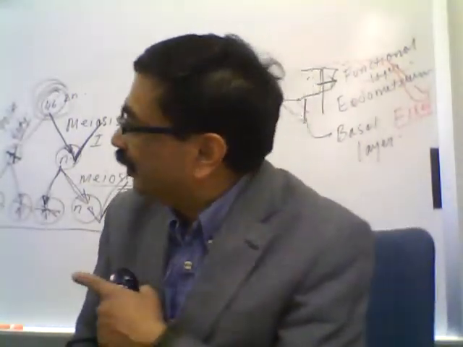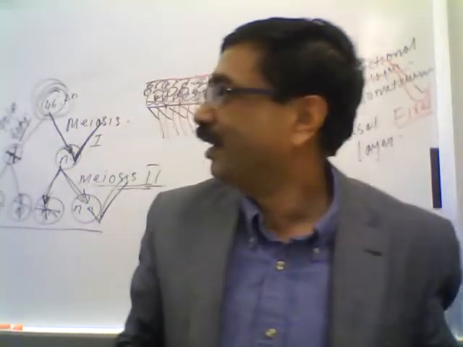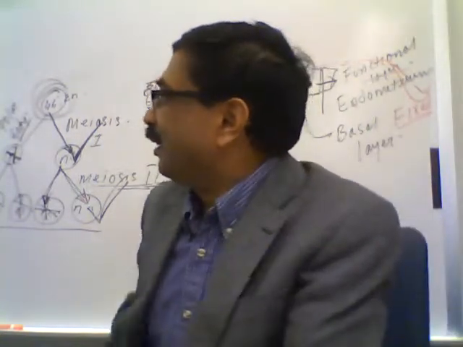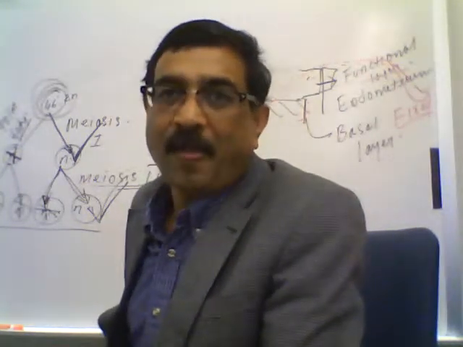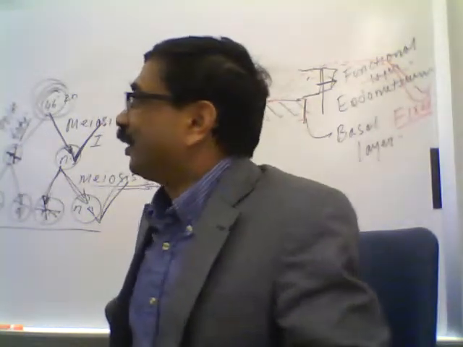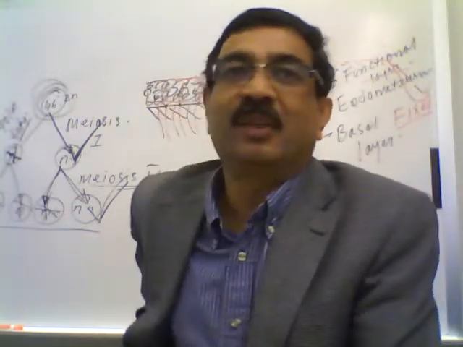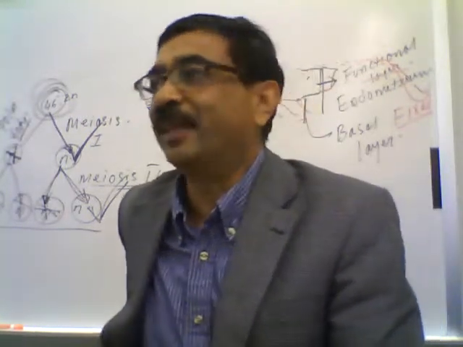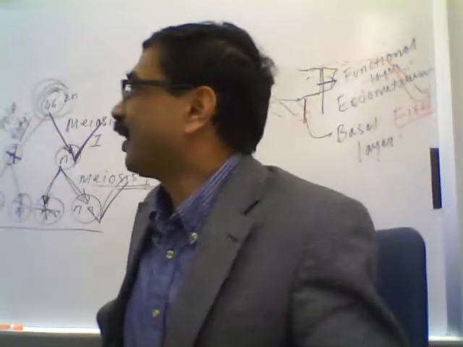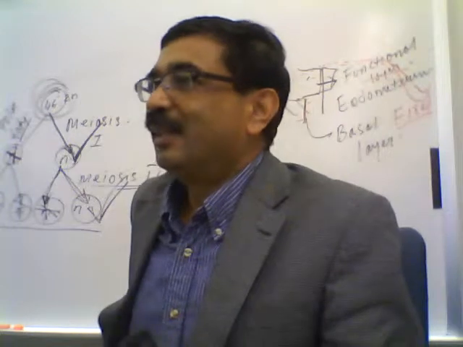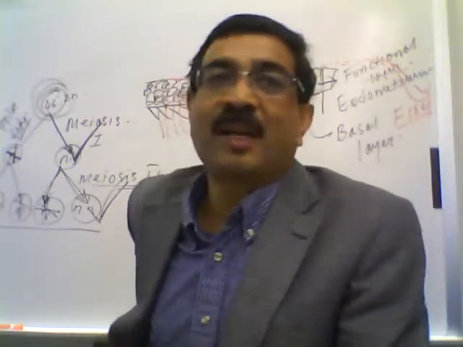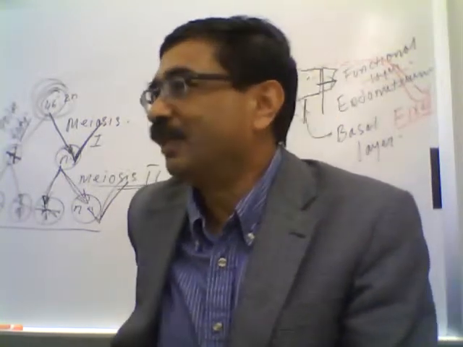So that's you see in the bottom right, the corpus luteum is releasing those three hormones. And you see the dotted line is showing that those three hormones inhibit the hypothalamus and anterior pituitary.